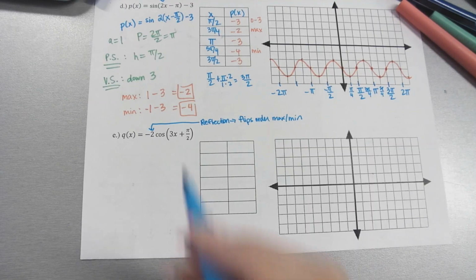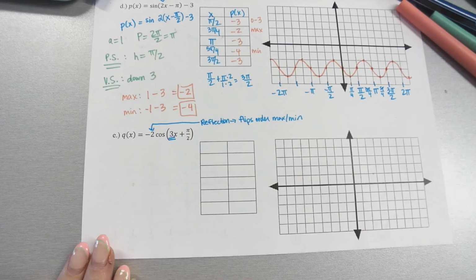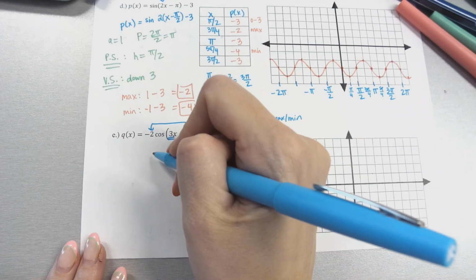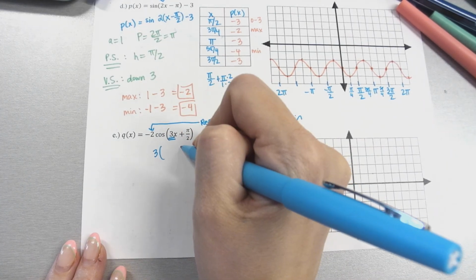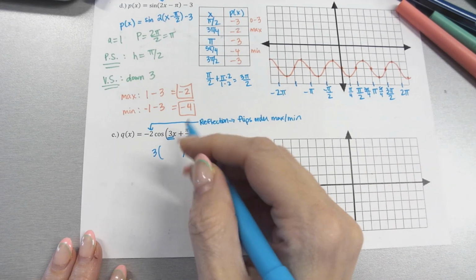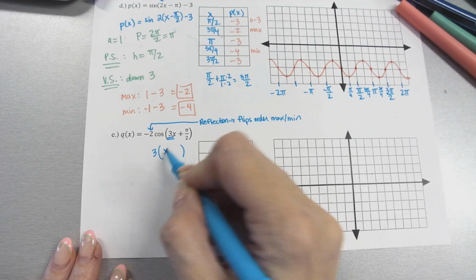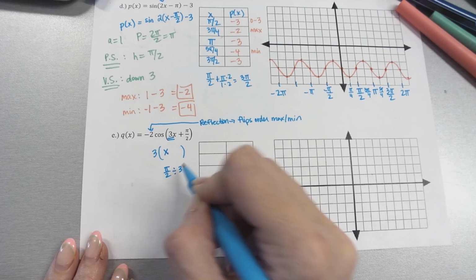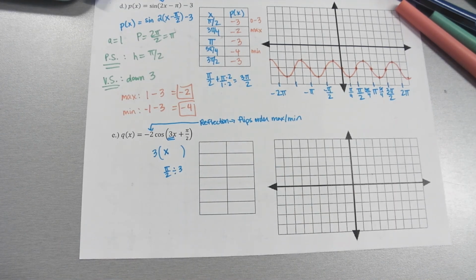We also have to factor out this 3 because your b value is not 1. If we take out the 3 here, remember we're just dividing. So 3x divided by 3 is x. Pi over 2 divided by 3 is the same thing as multiplying by 1/3.